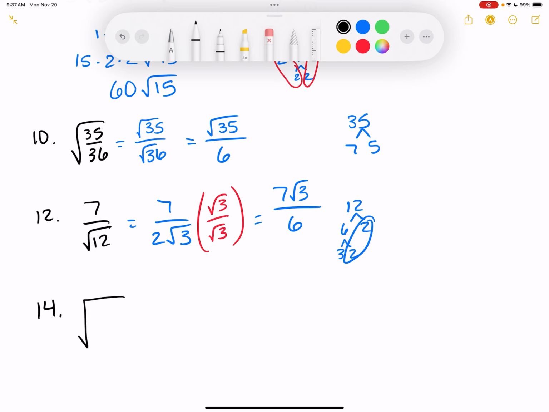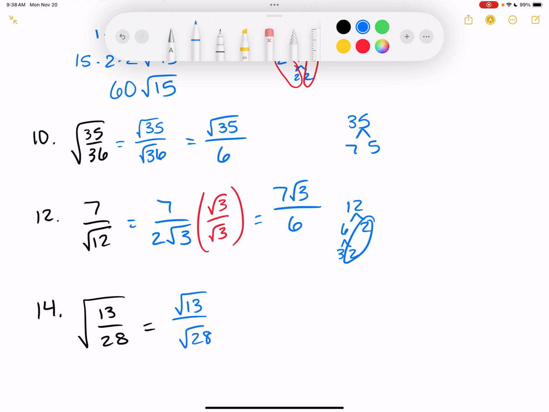(14) square root of 13 over 28. So what do I need to do with this one? Square root of 13 over square root of 28. Yep, so first split it up into two separate radicals. And then what?